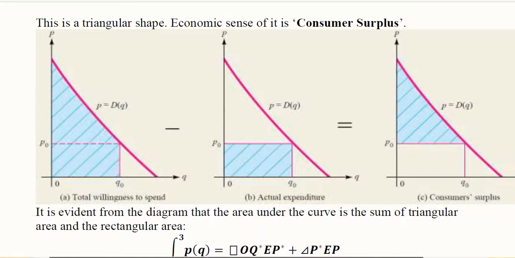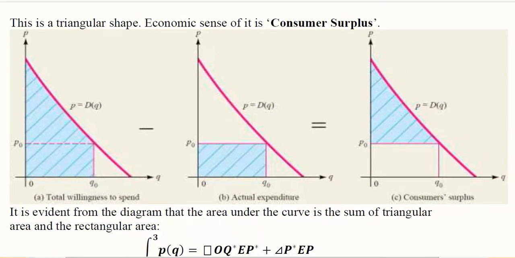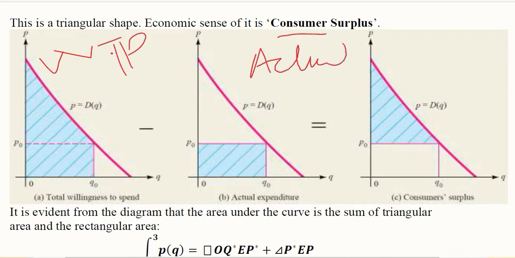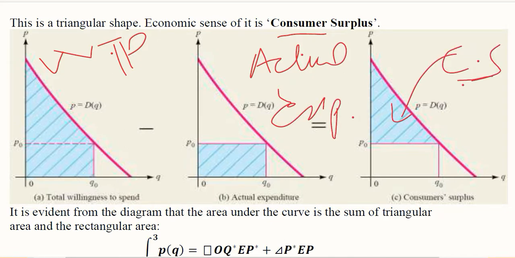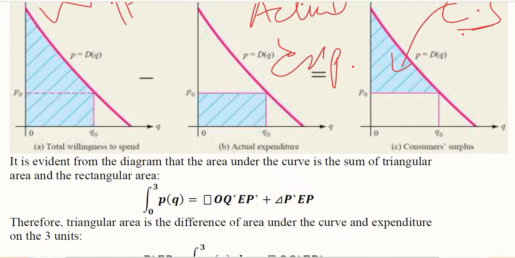This is a diagram that guides us about the consumer surplus, and this is willingness to pay. As you can see, willingness to pay. This is the actual expenditure, and this is definitely the consumer surplus, something that we are looking for. So the area is defined like this, that is the area under the curve.